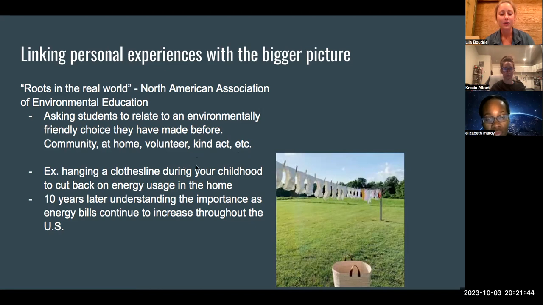So relating that to when you're in your older elementary years or even middle school, learning the importance of being more sustainable, and then also linking that with bills that you're paying at home that are continuing to increase.